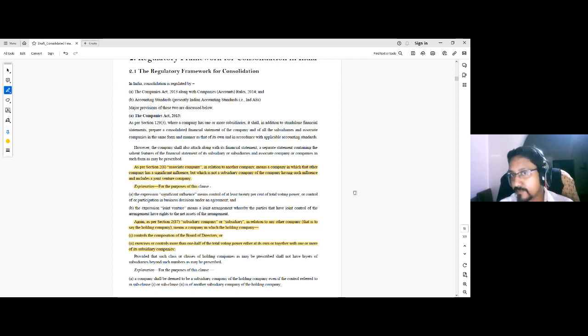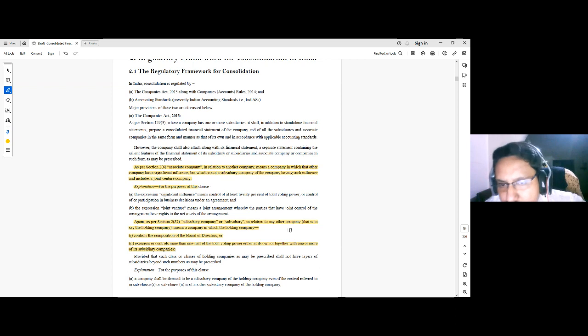However, for examination purposes, mainly consolidation with subsidiary will be important, not the other two. However, a remote possibility is still there that consolidation with a joint venture or an associate company may come up, so preparation of a consolidated statement may be required. But as I have already mentioned, for examination purposes, consolidation with subsidiary will be of prime importance. So in our discussion also, we will mainly focus, at least in this class, on consolidation with subsidiary company.